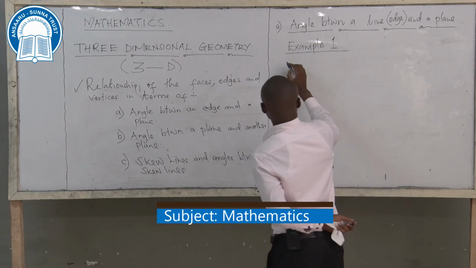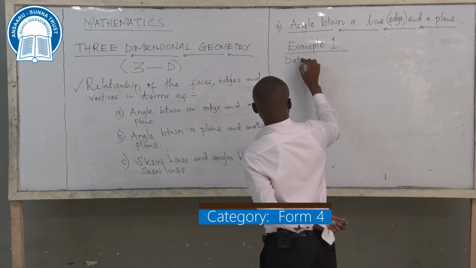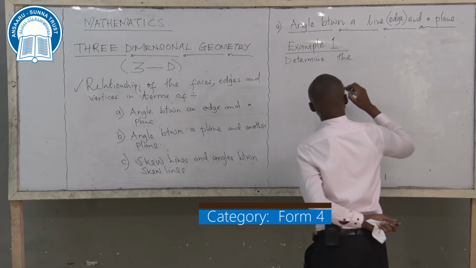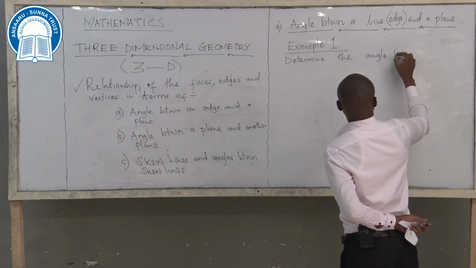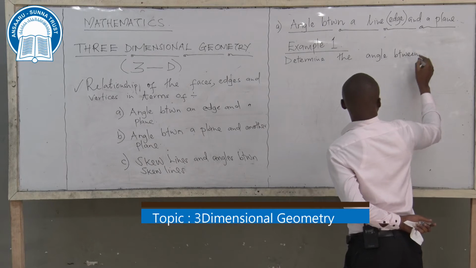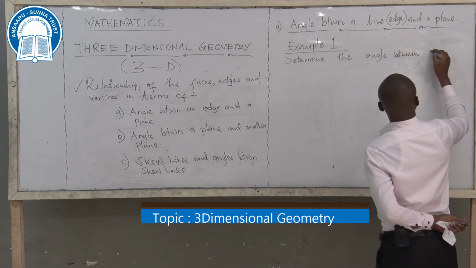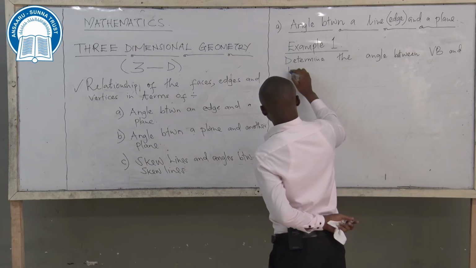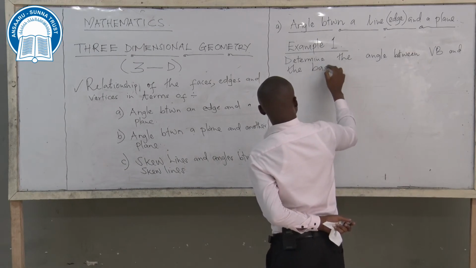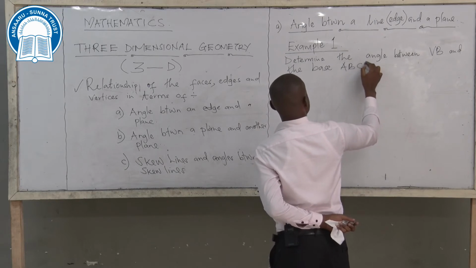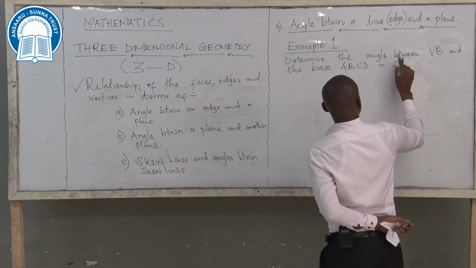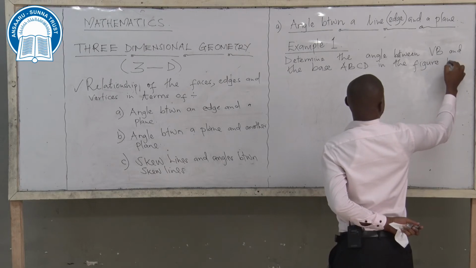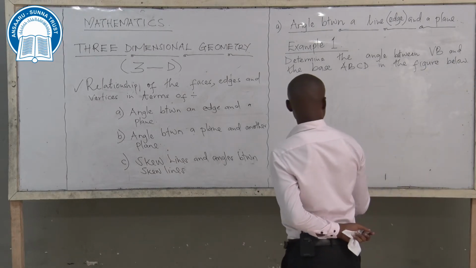So I'll quickly write saying determine the angle between VB and the base ABCD in the figure below. And this is the figure.